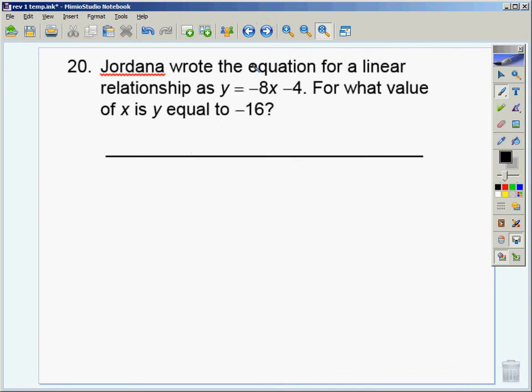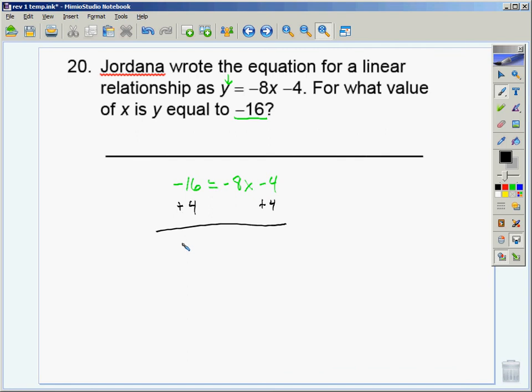Number 20. They gave me an equation and said for what value of x is y equal to a negative 16. If they told me what y is equal to, replace y and solve it then for x. To solve this for x, I'm going to add 4 to both sides.